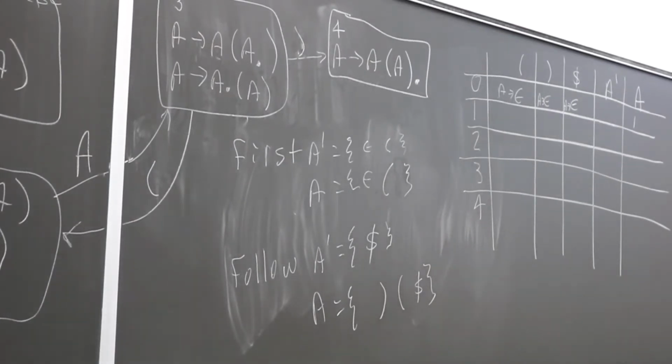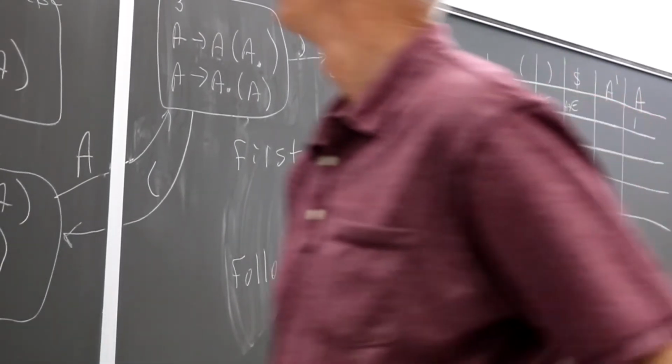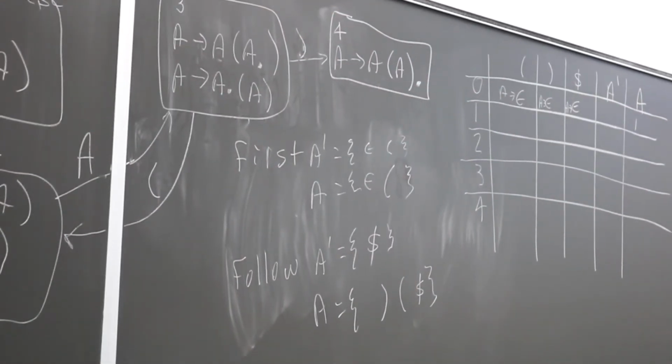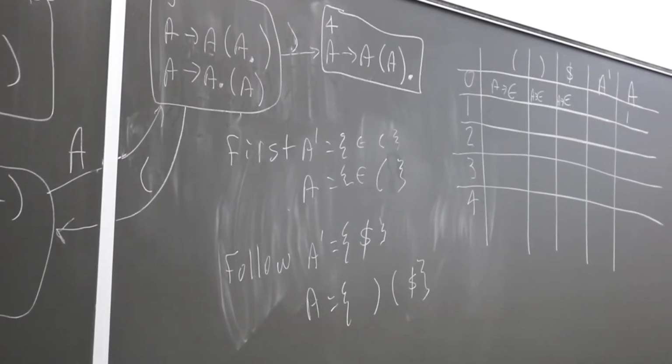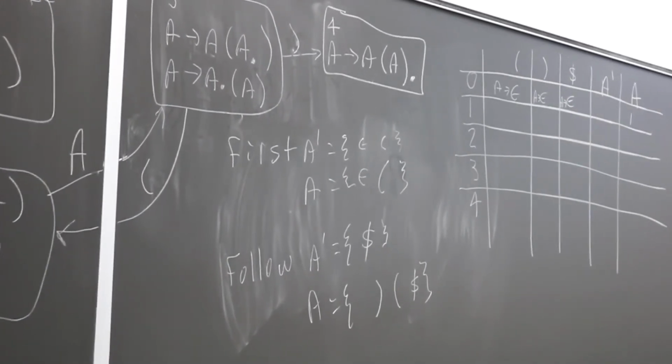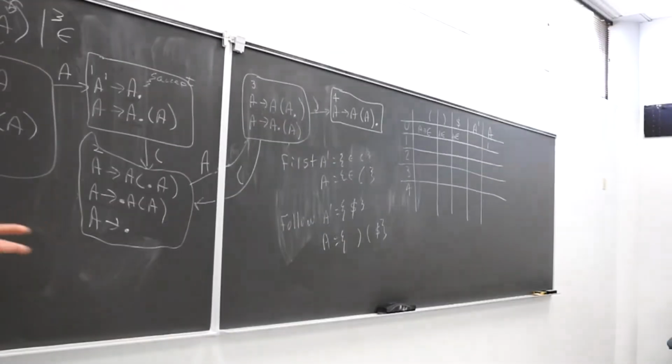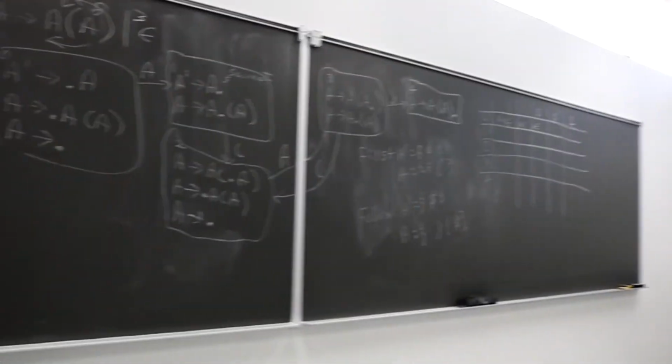Now, what your text does is they number these. So we have 3 rules. And so if you're studying your text, I don't want you to be confused. Dr. Egan did this in class and the text does this.